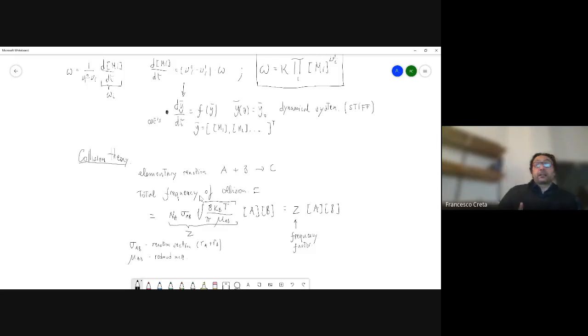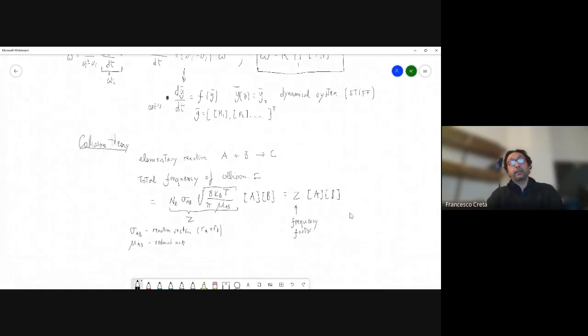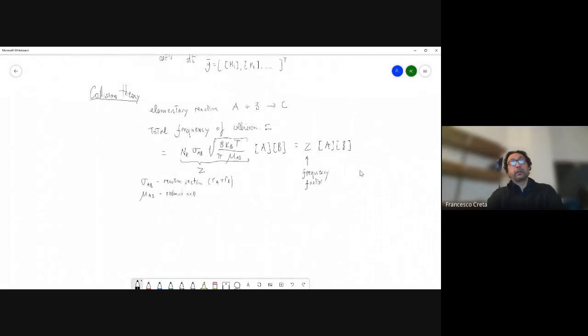But in fact, that's not the whole story, and I'll just introduce the concept here, but I will be more specific in a subsequent class. I will introduce the concept of the Arrhenius kinetics right now, because this is the total frequency of collision.